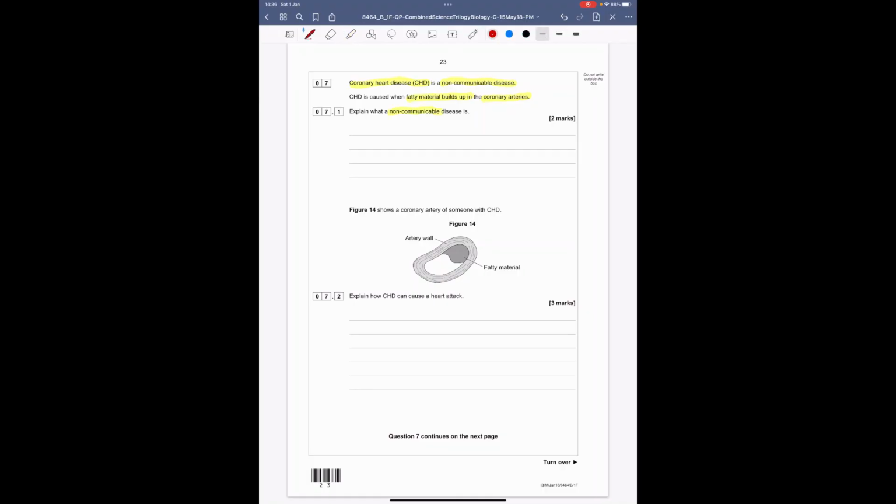Well, a non-communicable disease is one that is not caused by a pathogen. So for example, cancer or diabetes or coronary heart disease is not caused by a bacteria or virus. Therefore, it is not spread from person to person.